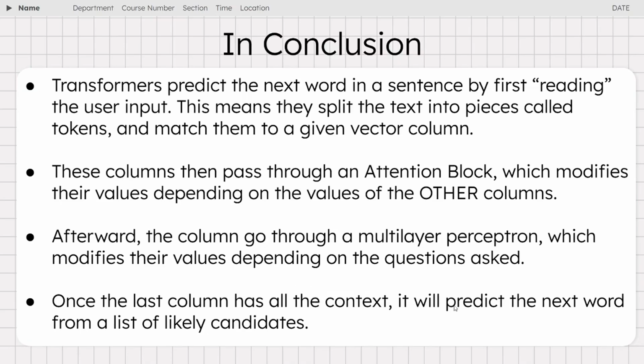So from this, the prediction will be 'is the T-Rex' because of 'dinosaur, ferocious predator', and even though we don't tell it what it is, 'is' has all the context to predict that it is likely a T-Rex.